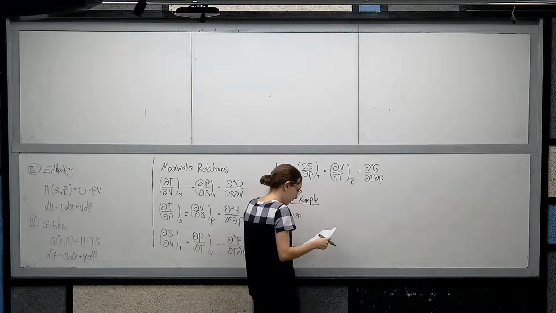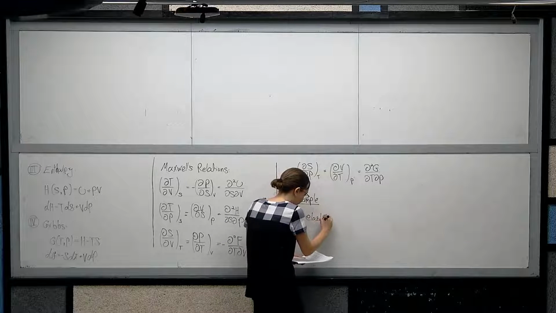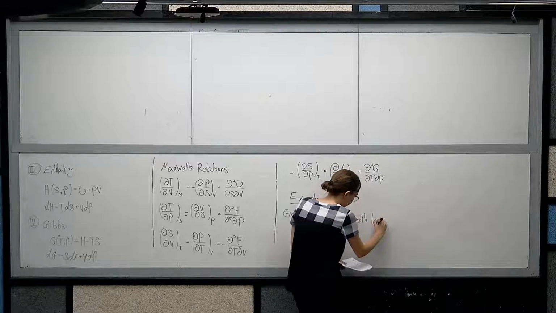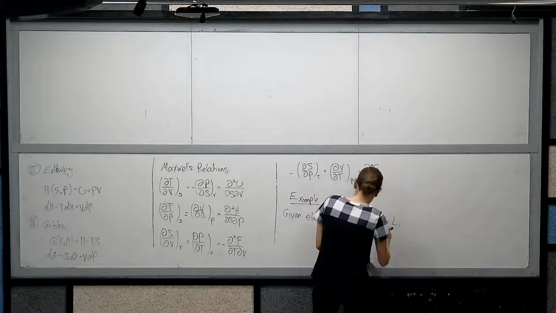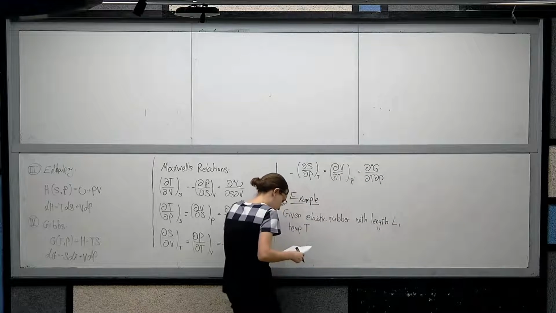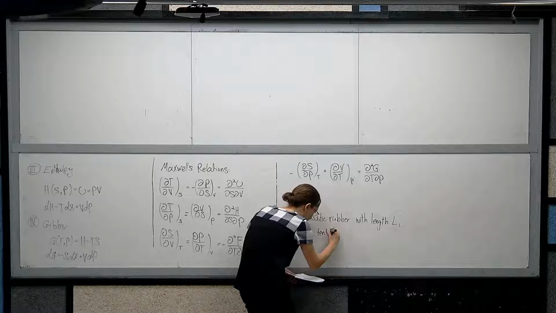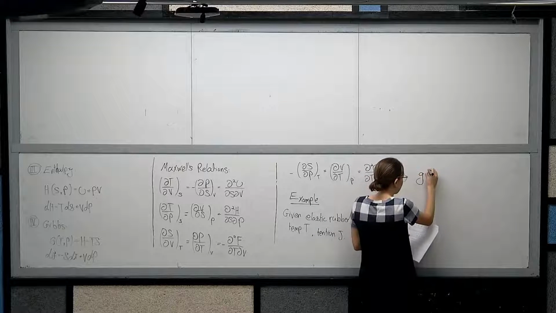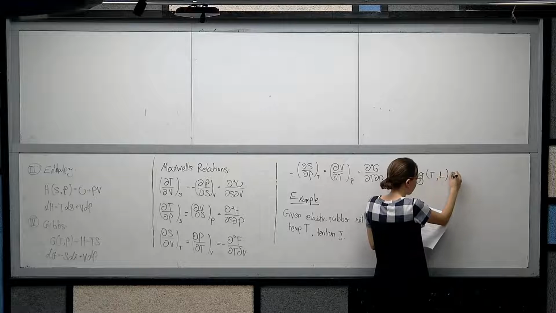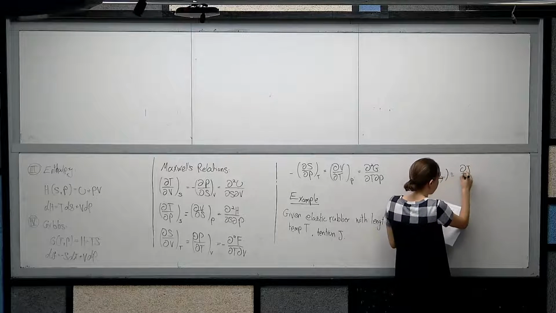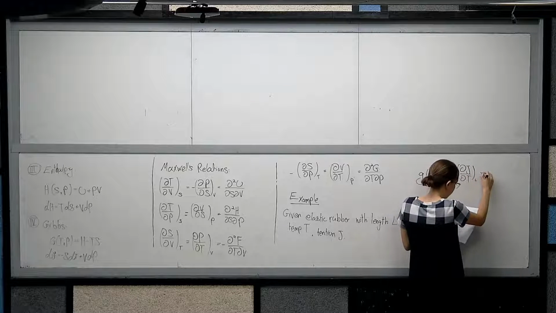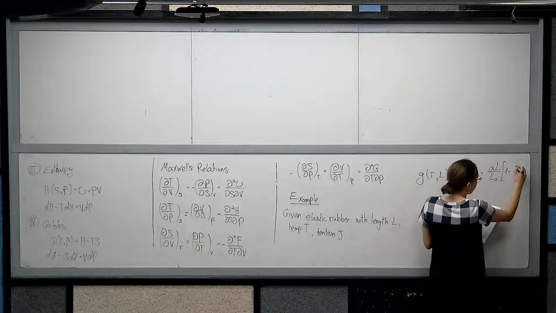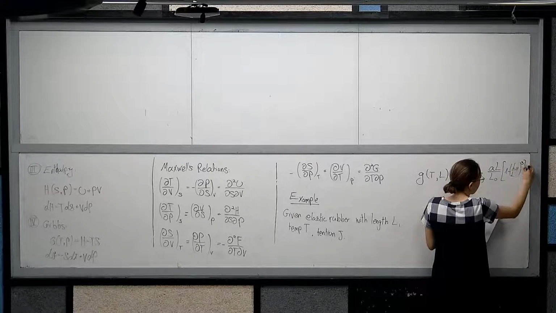Okay, so we have an elastic rubber with length L, temperature T, and tension J. It is known that we have some function G, defined by the derivative of J over T, where L is constant, and that equals some constant A, L divided by L0, times 1 minus (L0 over L) to the third.